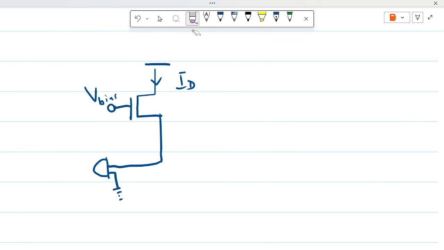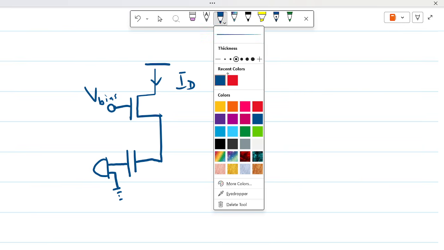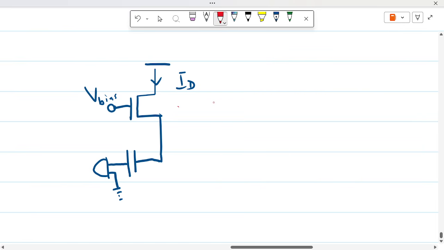Assuming you have a microphone, or a situation where you had a capacitor between your microphone and your source or your signal, your amplifier. In that case, if you had the signal ID flowing through, there will be no path for the DC signal to go to the ground.